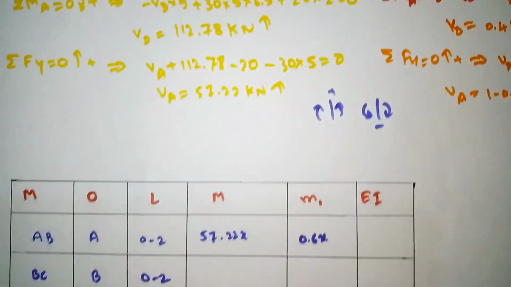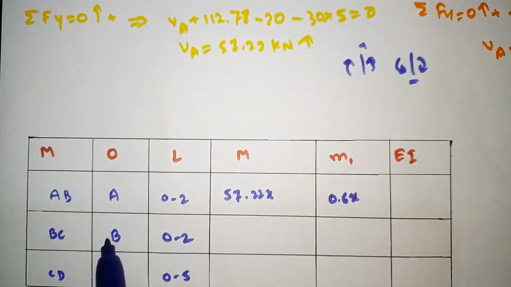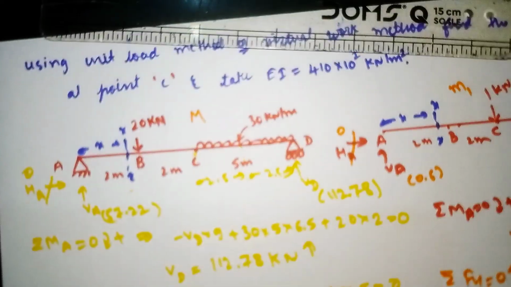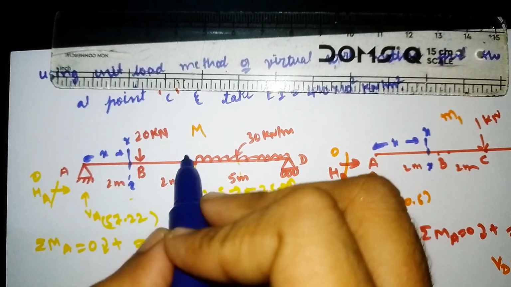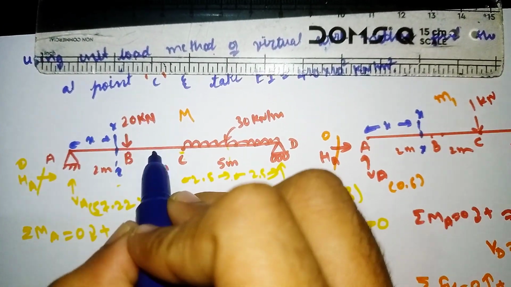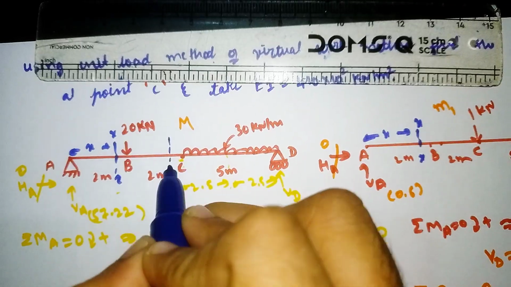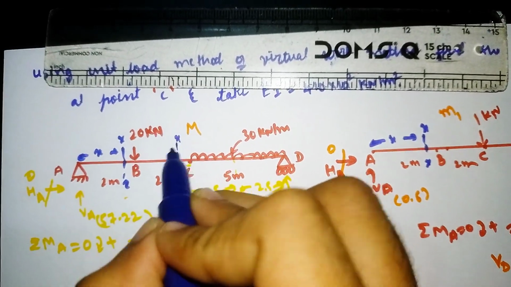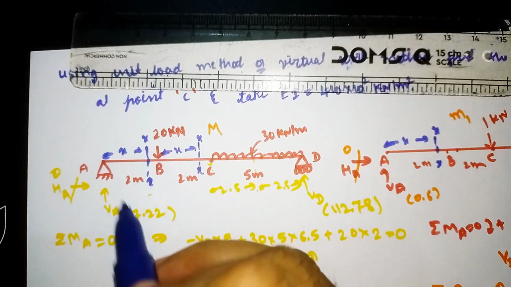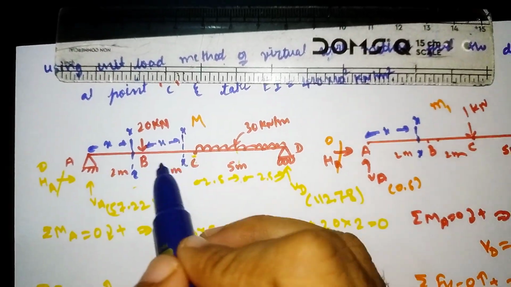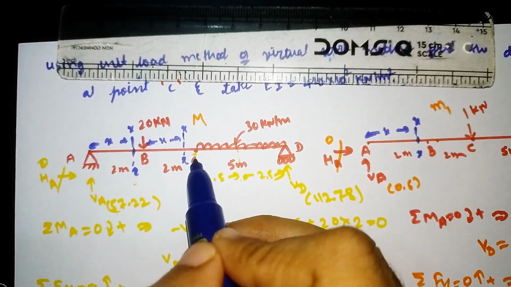Now for BC, I have taken the origin as B. So we need to cut the section away from this origin. Our section will come like this, at a distance of x. We need to solve from this side to this side. What happens if we take the origin as C?